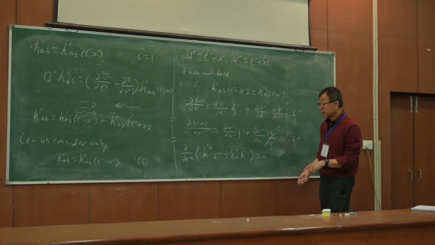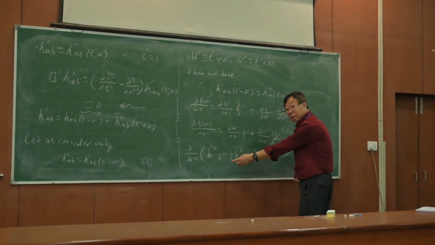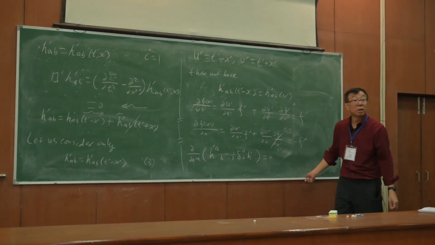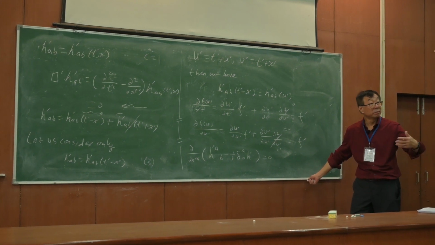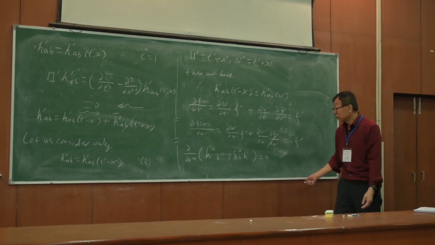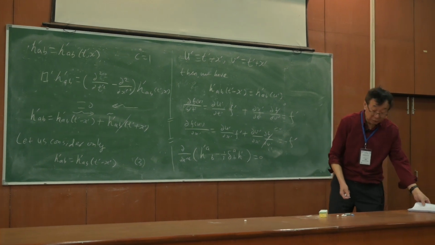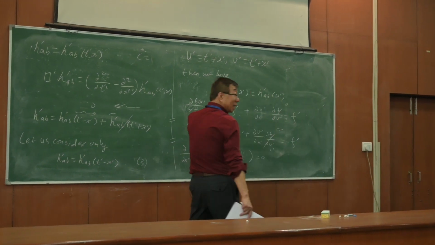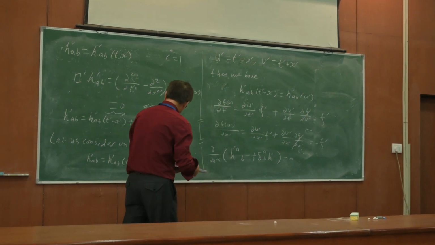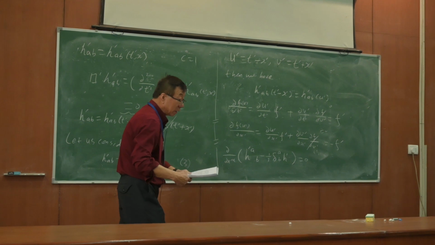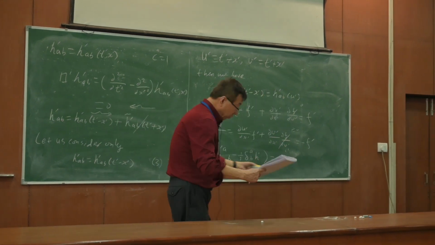Now I'm going to consider, let's say, first b equal to t, then b equal to x, b equal to y, b equal to z. After I consider this, I will not go into the details, just plug this in, and then we can easily find there are four equations.